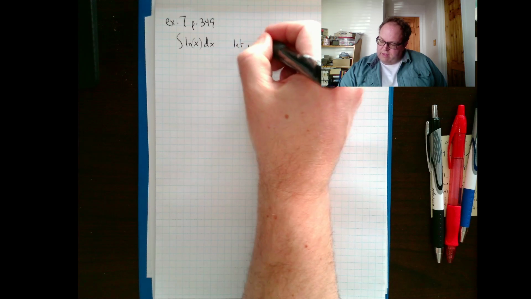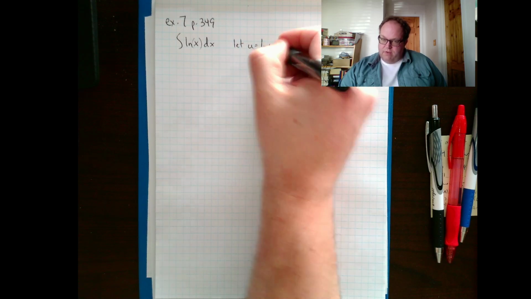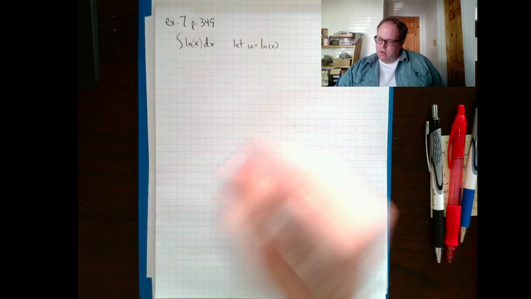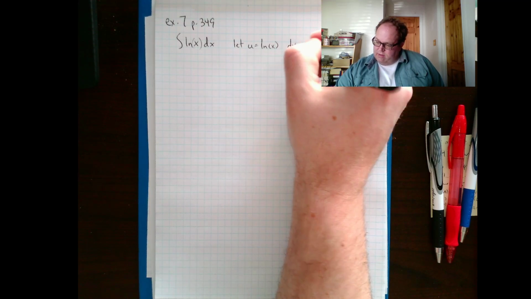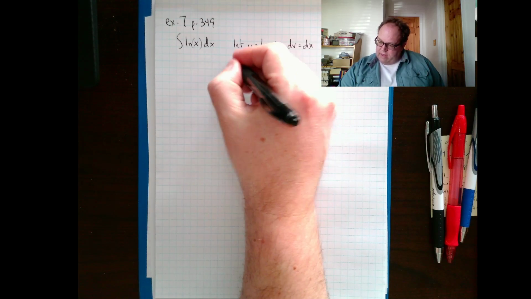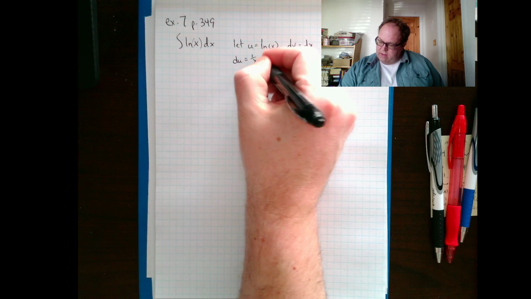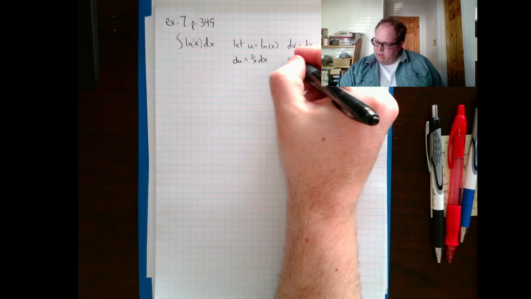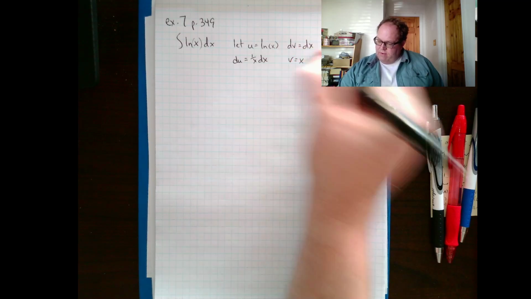Again, if there's a ln x involved, that's probably what we're going to have u become, which really just leaves dv to be dx. So if u equals ln x, then du will be 1 over x dx. And if dv is dx, then v is equal to x.